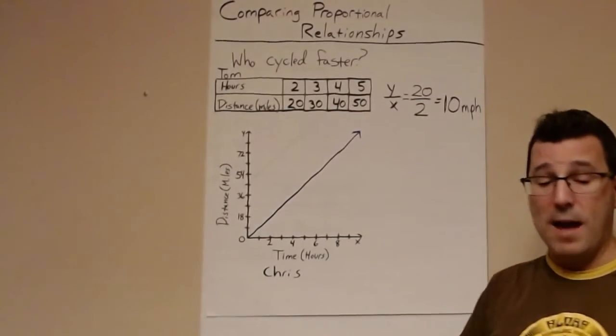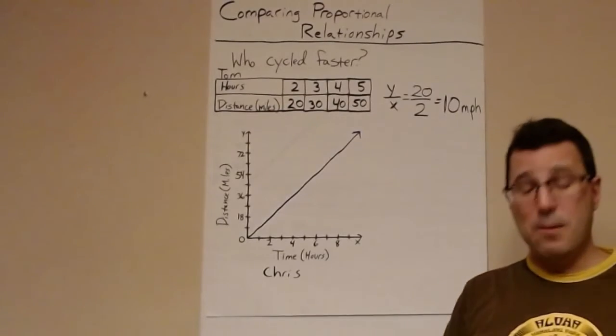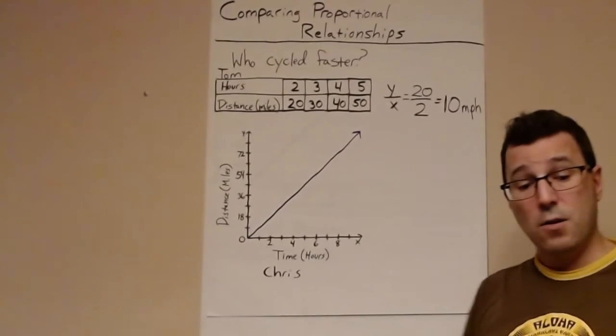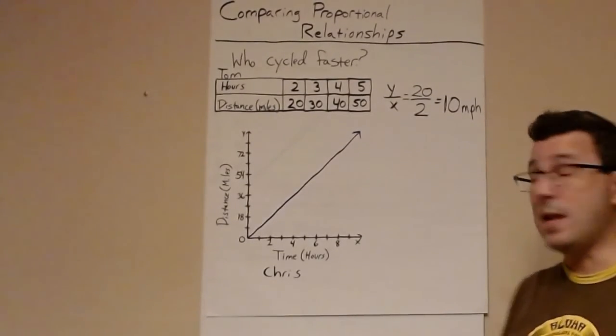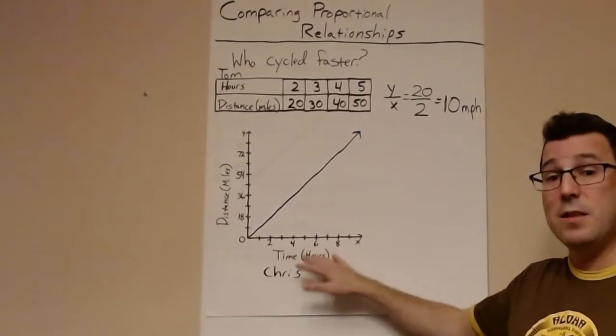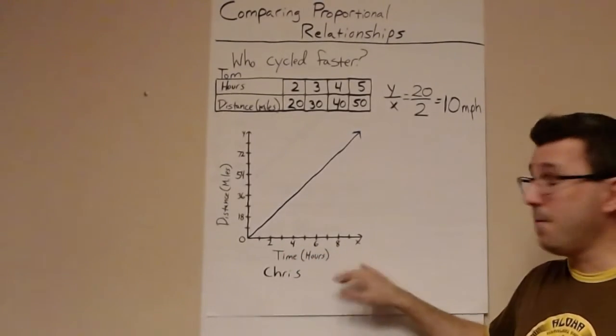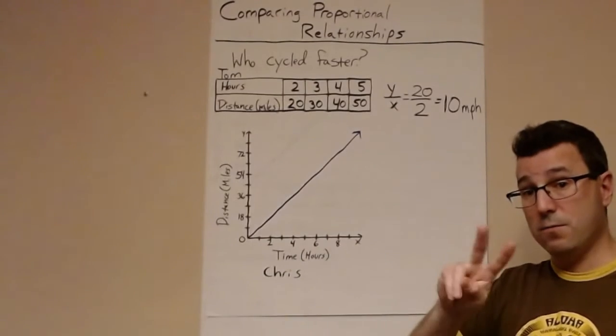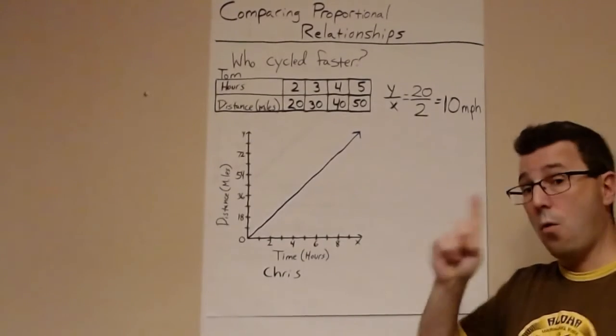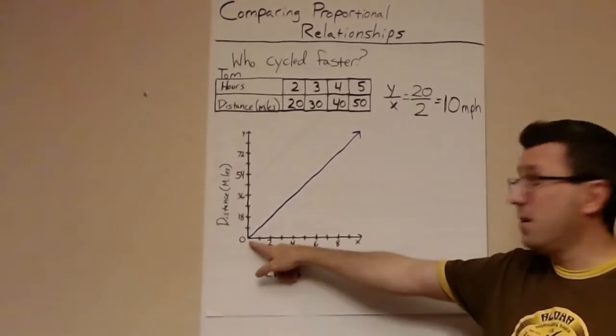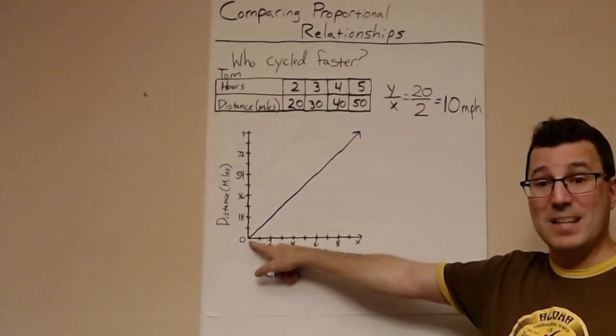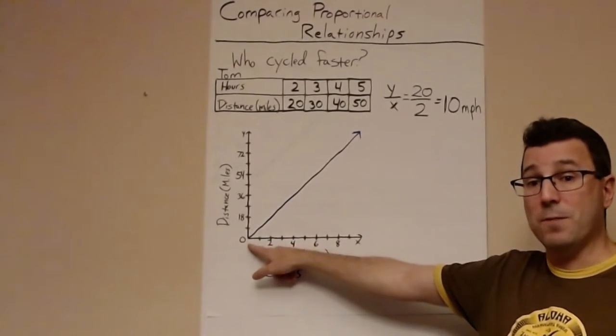When we have a graph, what we need to do is, again, we're going to look at the change in y over the change in x. Now, I can tell that this is a proportional graph for two reasons. One, our line is starting at 0, 0. It's starting at the origin.